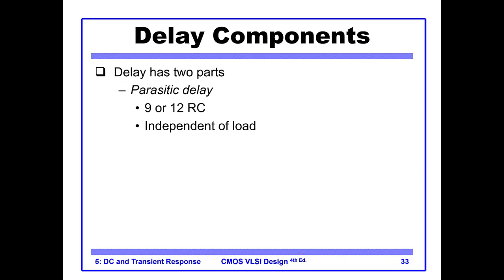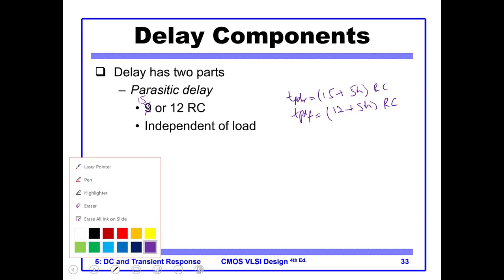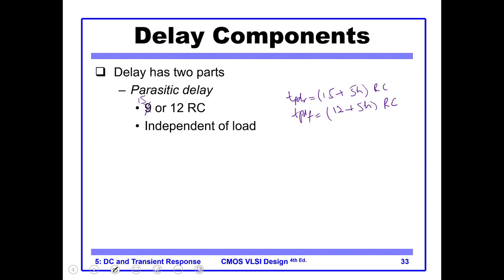So delay has two components. Basically again this is 15 or 12 RC. In one case TPD rise was (15 + 5H) into RC, and TPD fall was (12 + 5H) into RC. So we have two components of delay.